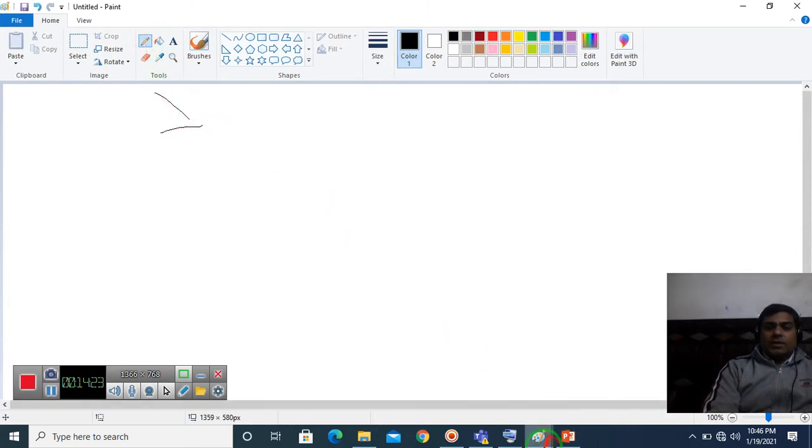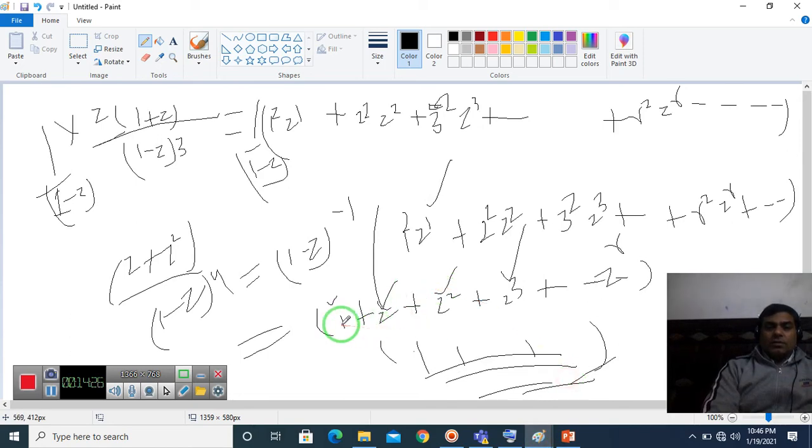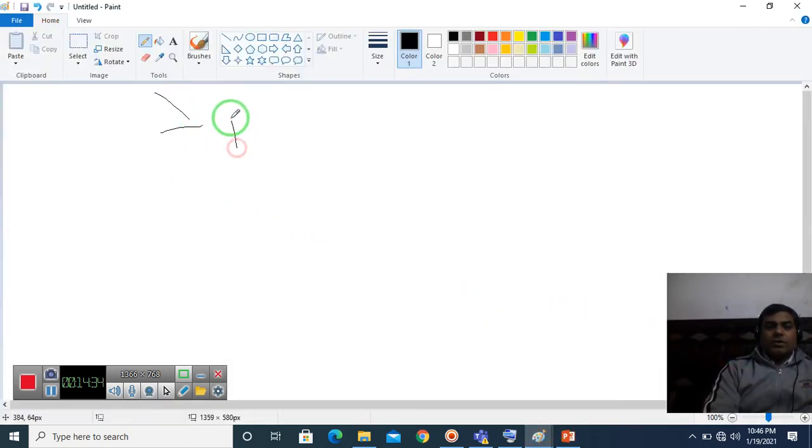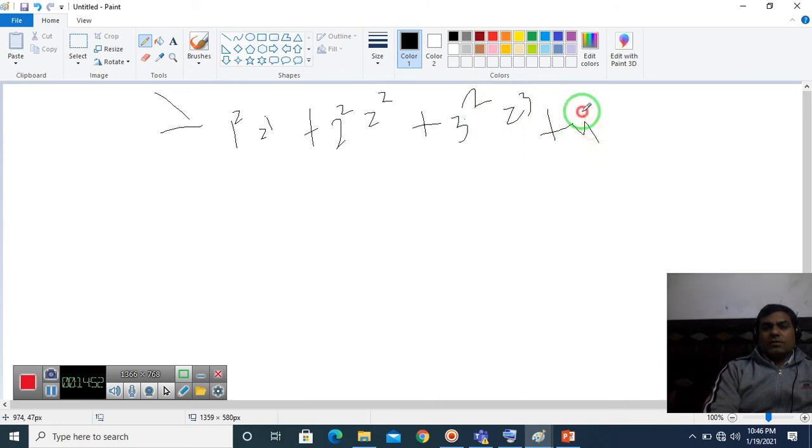If you multiply this series by 1, it remains the same: 1 square z to the power 1, 2 square z to the power 2, 3 square z to the power 3, 4 square z to the power 4, and r square z to the power r.